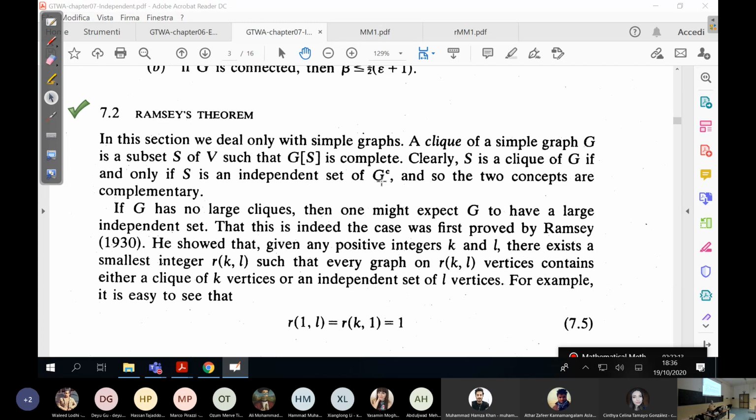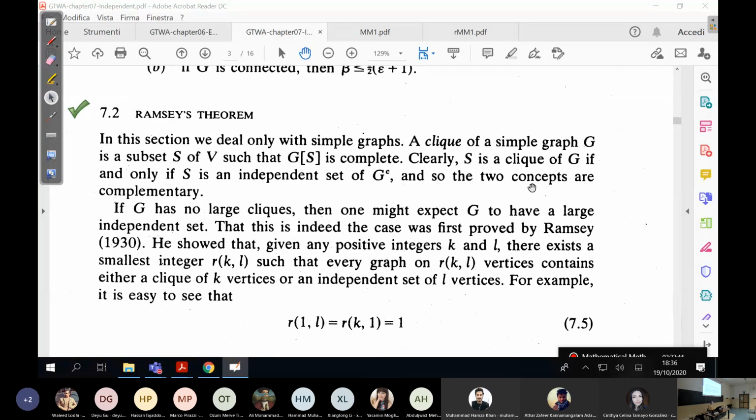You need a triangle to have a clique of three. So intuitively, that's all right. The more likely you have big cliques, the less likely you have big independent sets, and conversely. But I'm not going to talk about probability. This is the interesting thing: what I'm going to say is not a probabilistic thing.